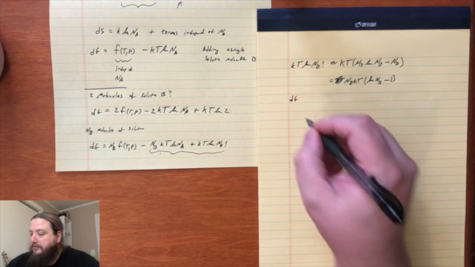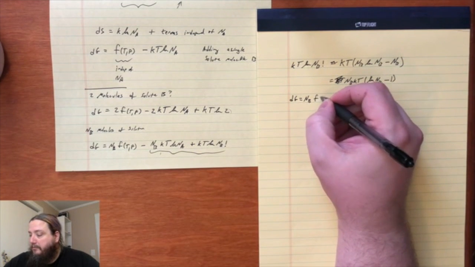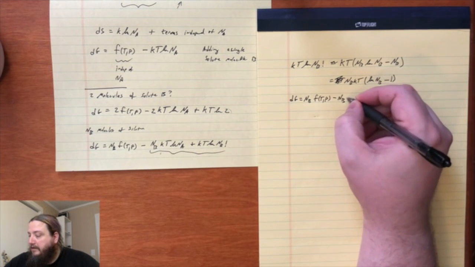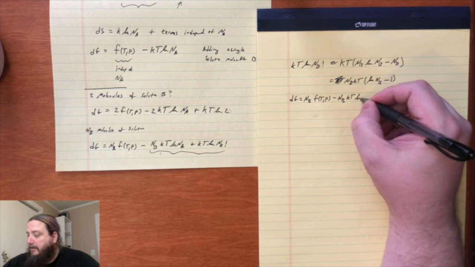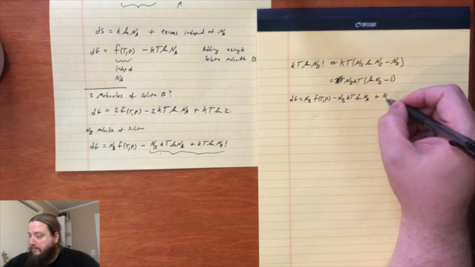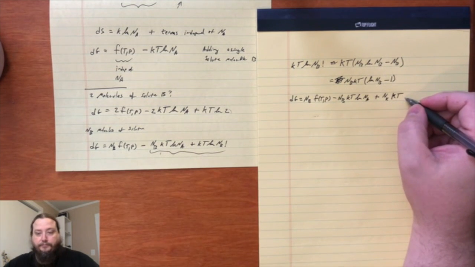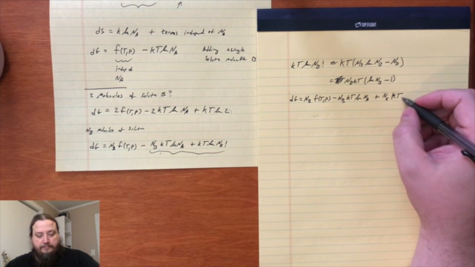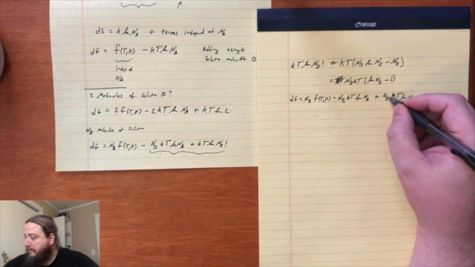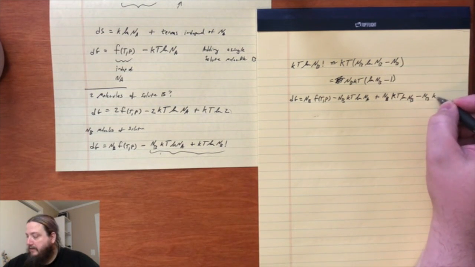us a total change in the Gibbs free energy of NB times some function of temperature and pressure, minus NB KT logarithm of NA, plus NB KT times logarithm of NB, and minus NB KT.